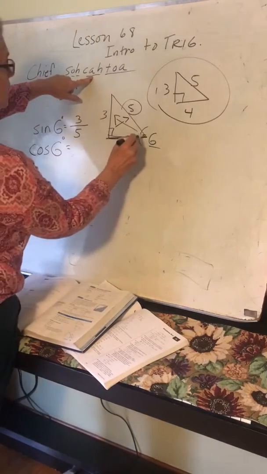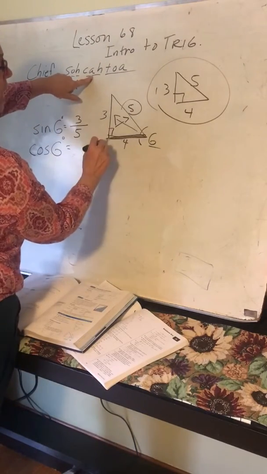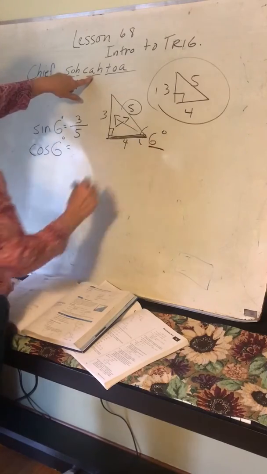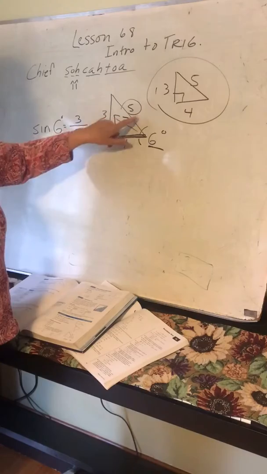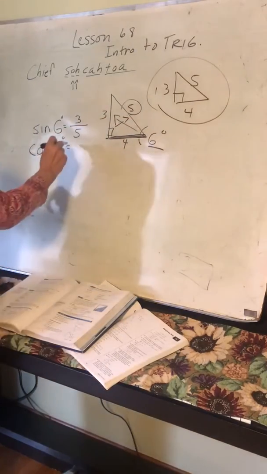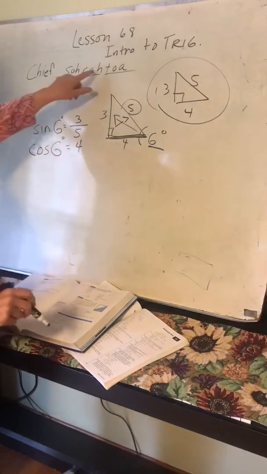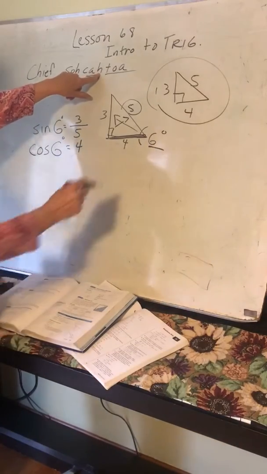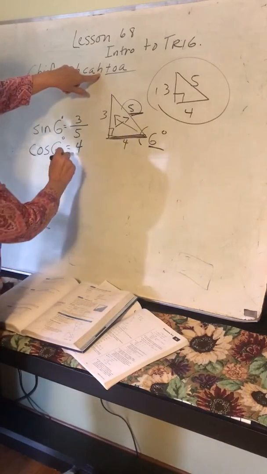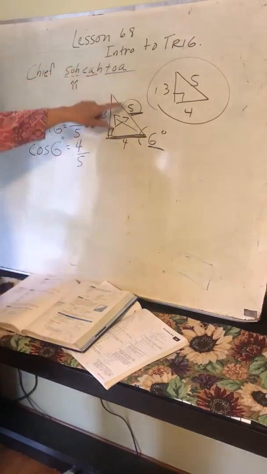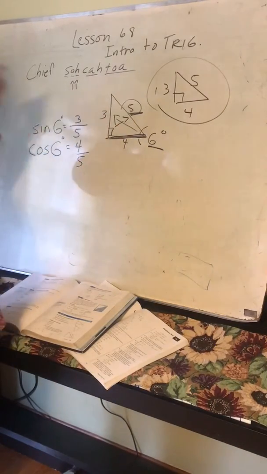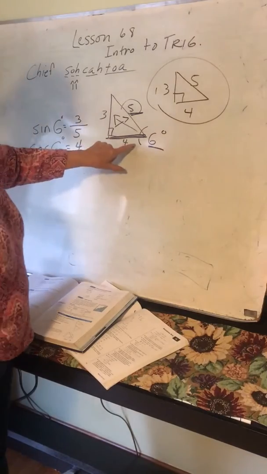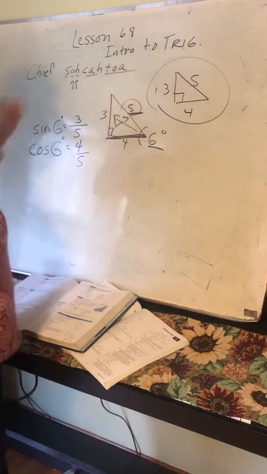The adjacent is next to the G degrees. It can't be the hypotenuse, but it's the other one, so it's 4. And the hypotenuse, which is 5, always stays in the same place, opposite the right angle. What changes depends on where your angle is.